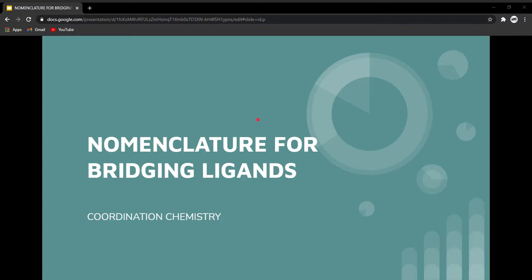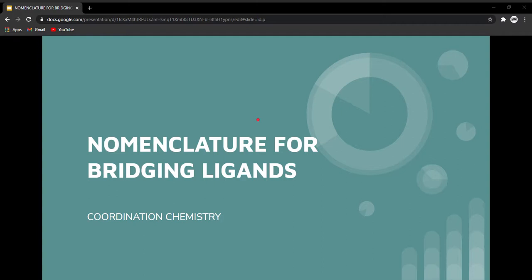This mu represents that the coordination complex contains or holds some bridging ligands in it. Okay, there are a few cases for understanding bridging ligands, or for naming such complexes.